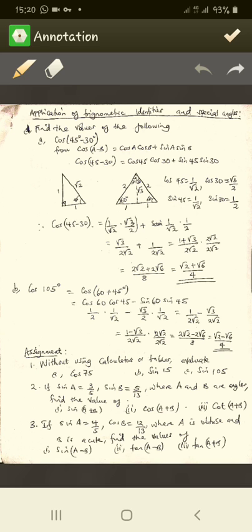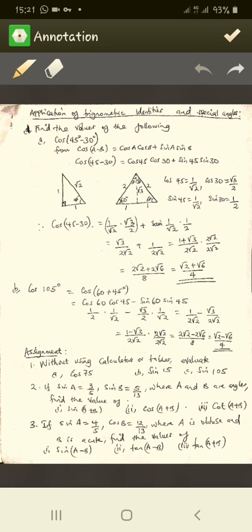The special angle for cos 45, according to this triangle here, cos 45 is adjacent out of hypotenuse, so it is 1 out of root 2. Then cos 30 is adjacent, which is root 3 out of 2. I think that is not a problem to you.